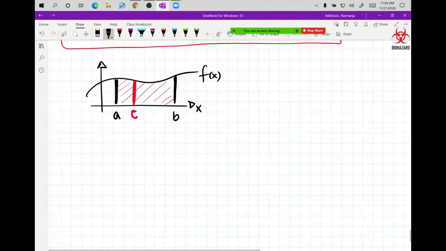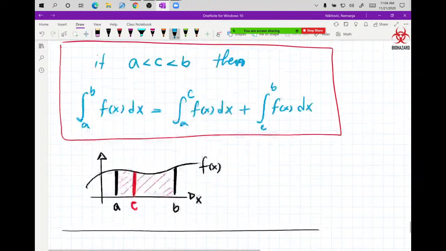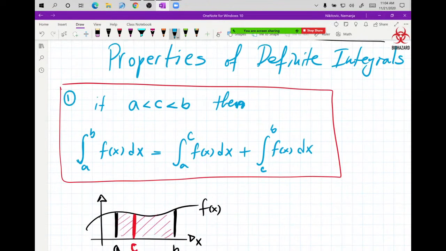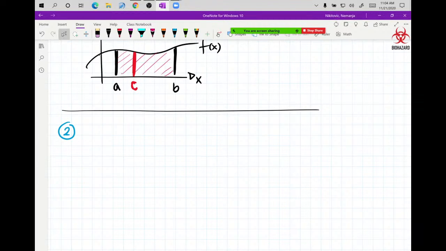Another cool property, we can call this property number 1, let's say. Property number 2. Integral a to a of f of x dx is equal to 0. Well, that should be common sense, because your width over which you're computing area is 0.